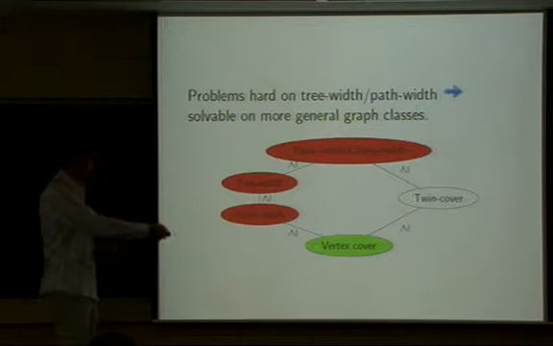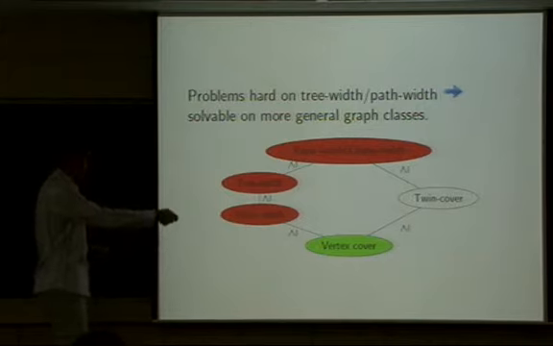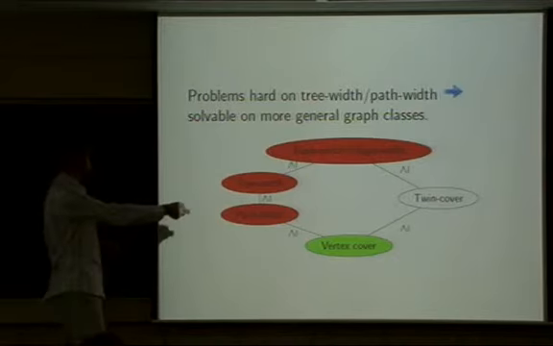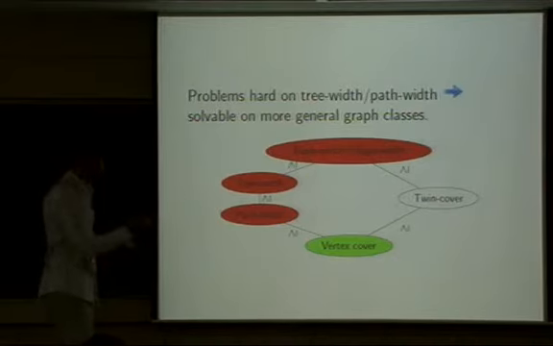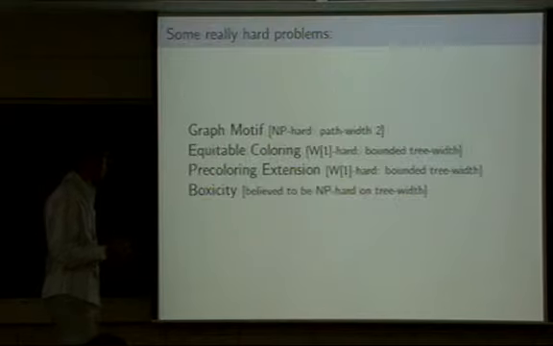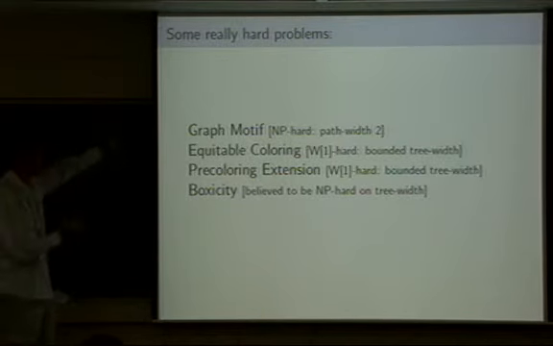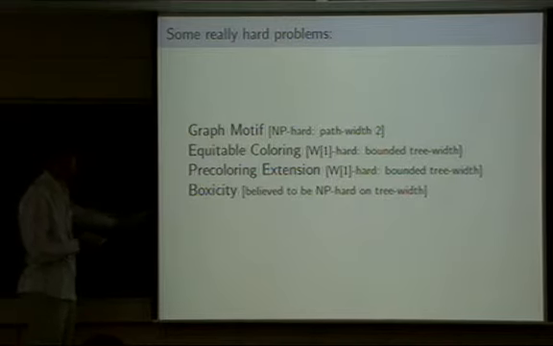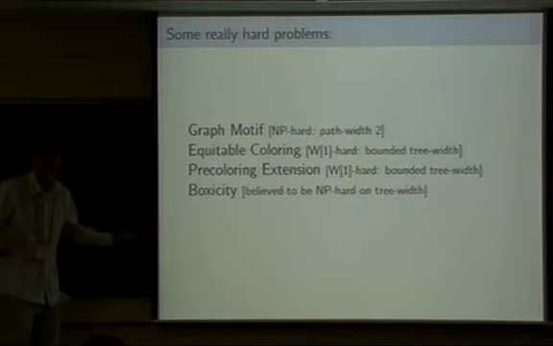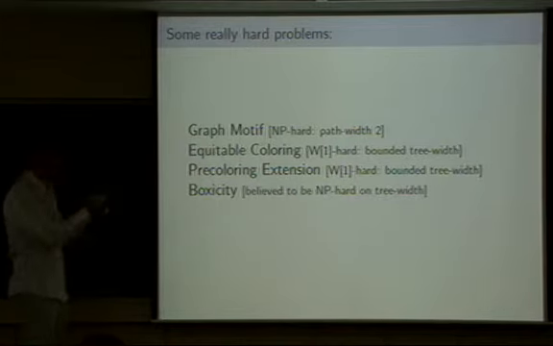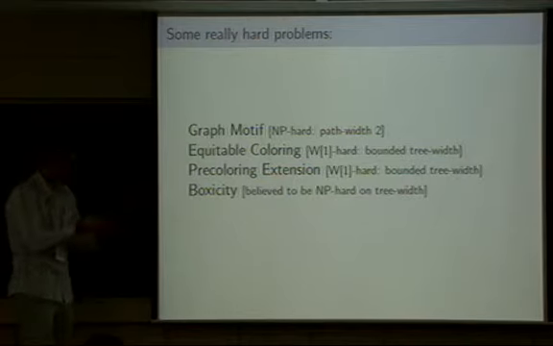Before, we could only solve these problems on graphs of bounded vertex cover, but now we can do more. We can solve them on more general graphs of bounded twin cover. We actually had quite a few of these problems. This list is not exhaustive, there are many others, but I'm just one person, so I only did a few problems and showed that it's not hard to extend these algorithms from vertex cover to twin cover.